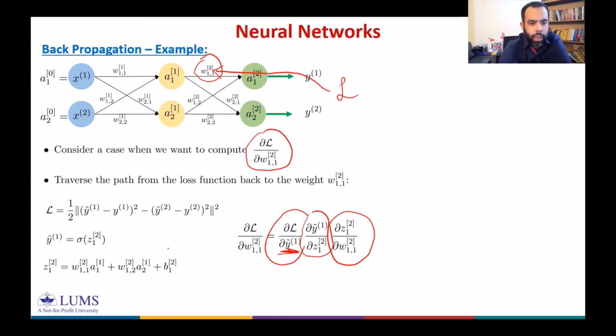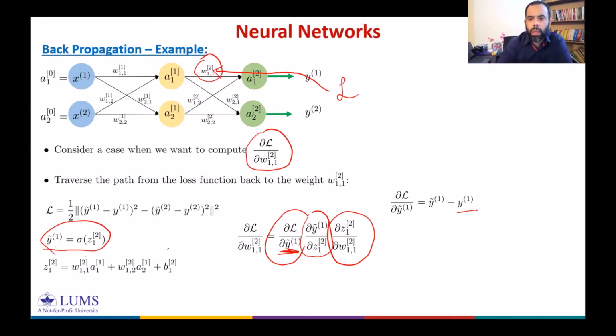For the loss function, take the derivative with respect to y1 tilde. It's a quadratic term, and because of this 1/2, the reason we added here, the derivative of the loss function with respect to y1 tilde is simply y tilde 1 minus y1. Right? Similarly, we can compute the derivative of y tilde 1 with respect to z12.